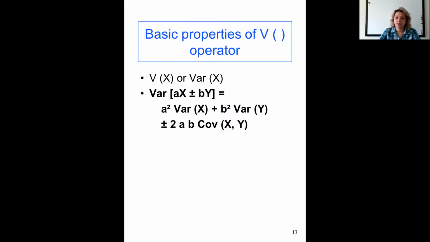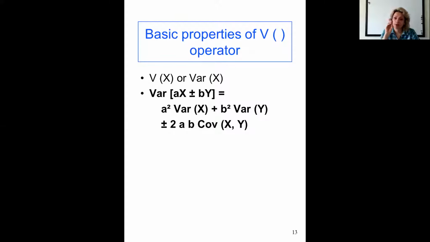We say the variance of A times X plus or minus B times Y. Here it's a different story, because variance is the deviation from the mean.